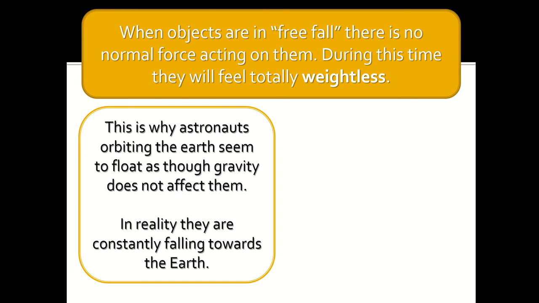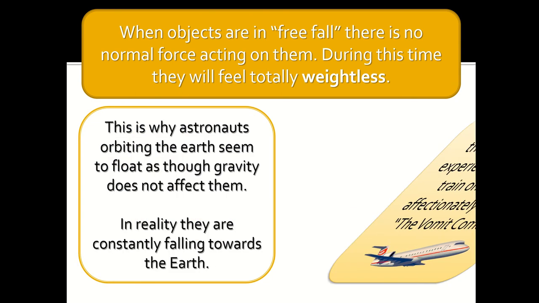So we call this weightlessness, because even though they have weight, they have the m times g, because there's no normal force, they don't feel it. Okay, so again, that's why they float in something like a space station, and the gravity seems like it's not affecting them.